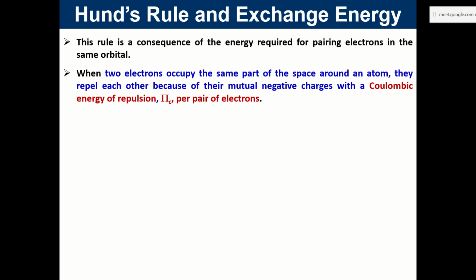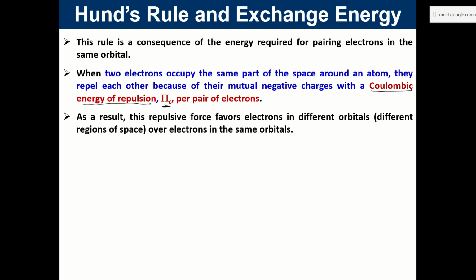So you have to do some work, you have to give some energy to the system. That thing is what we represent as Coulomb energy of repulsion, Pi, this is capital Pi with subscript C, per pair of electrons. So this is what you must overcome. This is a repulsion that you must overcome.